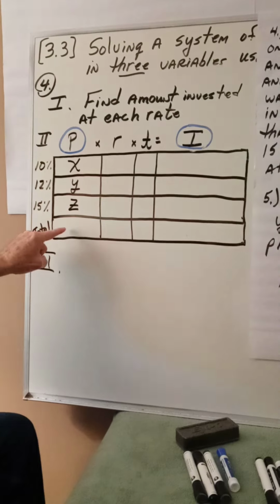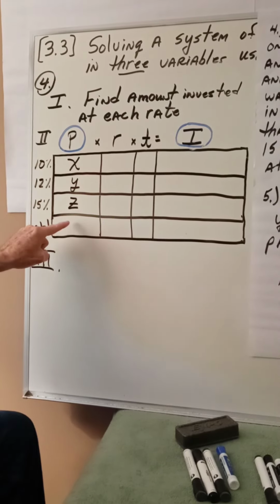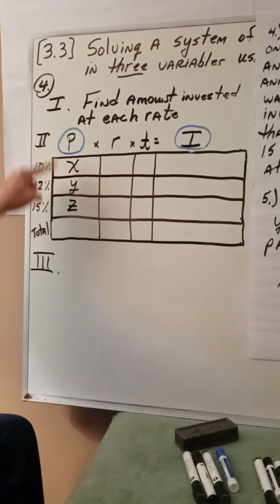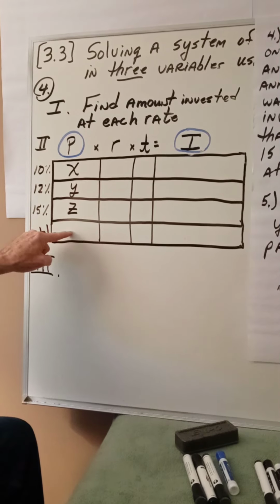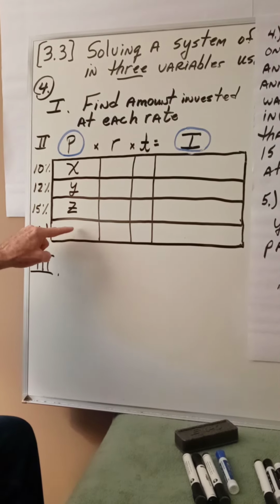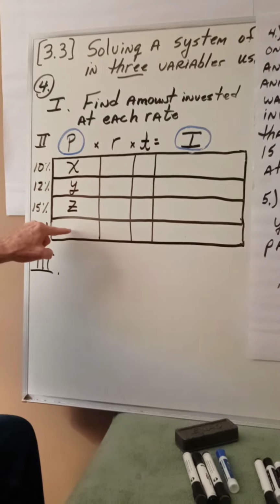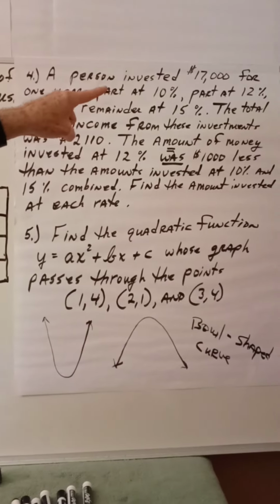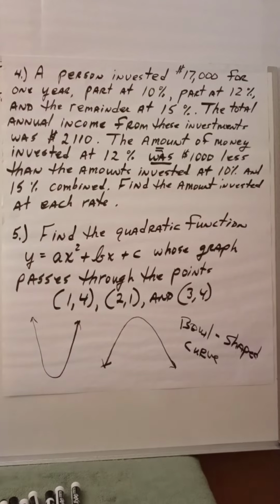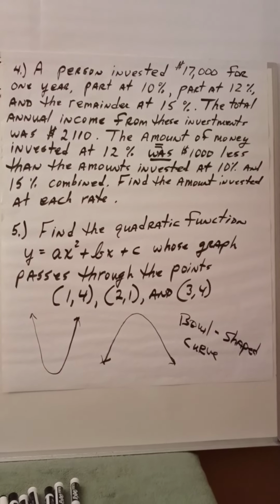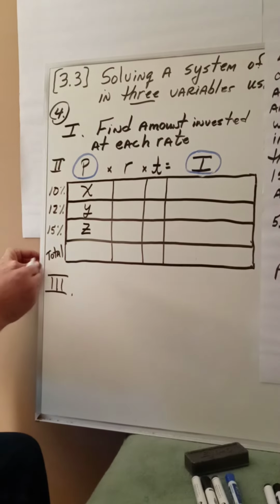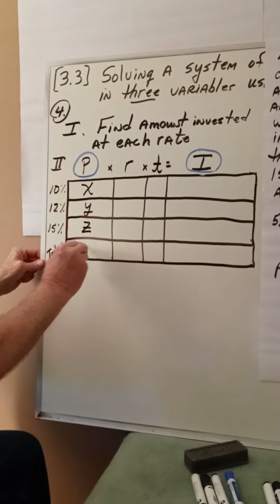Folks, we do know the total principal. We know the total amount of money that the person is going to invest. Line number 1, he's going to invest $17,000 amongst all 3 of those. So the total, $17,000.